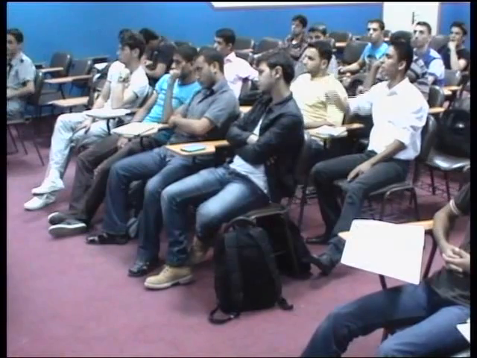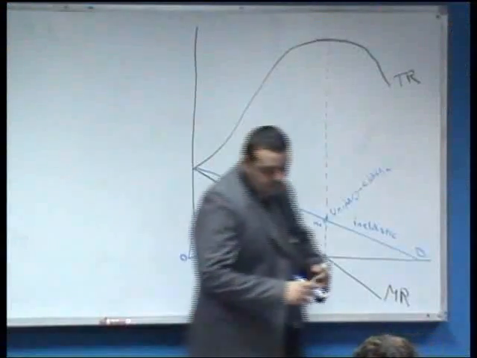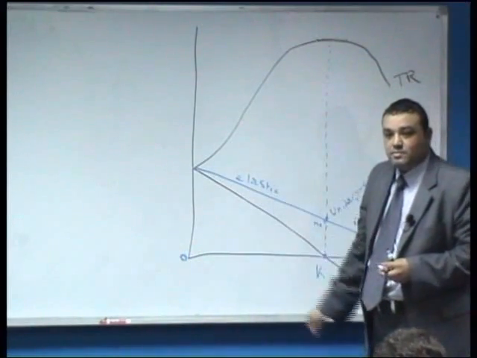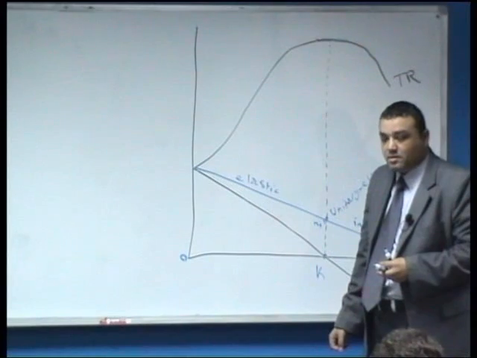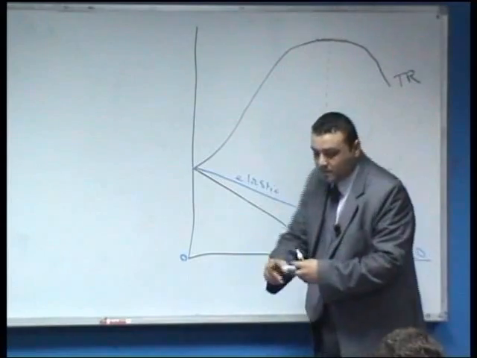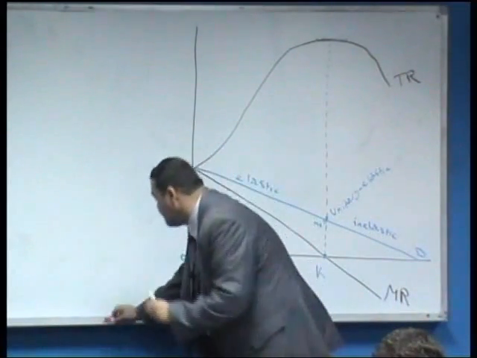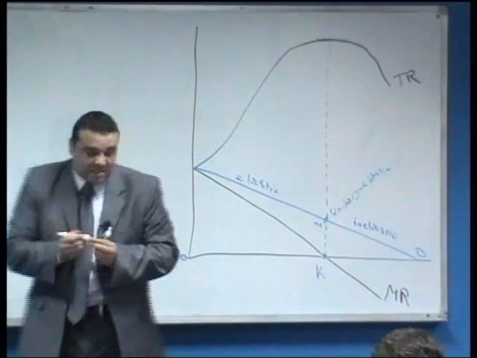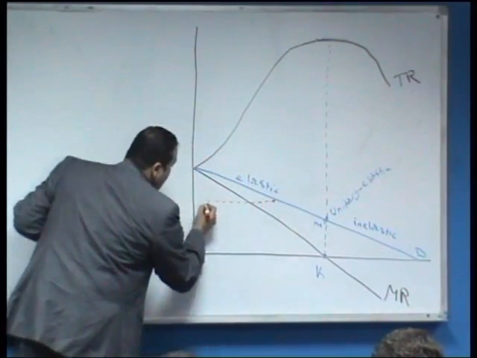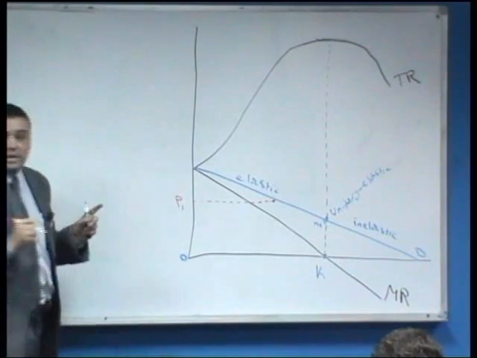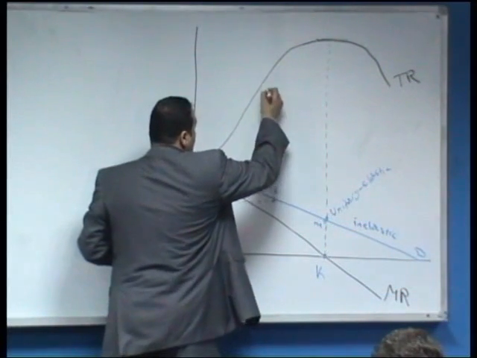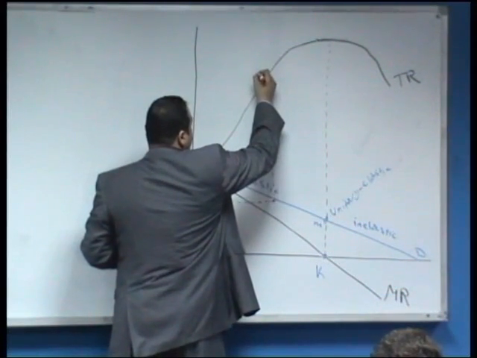As you see, I'm coming to this point now, but after the explanation. At this point, I will go to your point. Suppose that the price is P1, right? Total revenue is at point F.